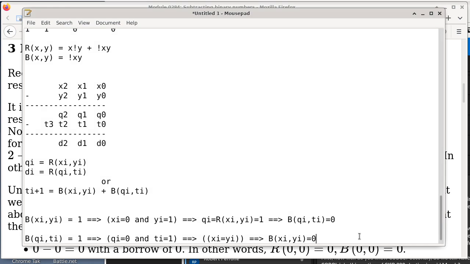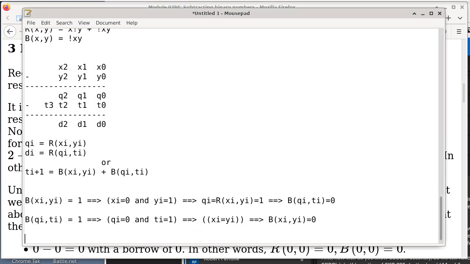Okay, so if this is all done, then I think we have almost everything figured out. We got D figured out. Right here, you can see how we express all the QIs using xi, yi, using R as a function. We express all the DIs using just QI and TI.